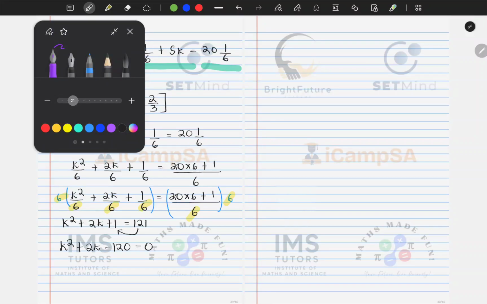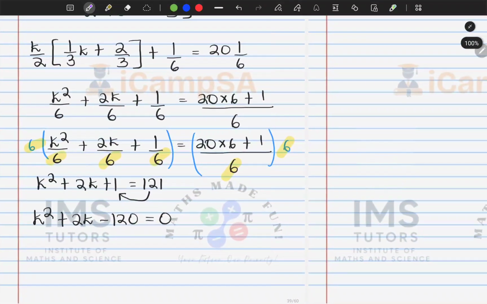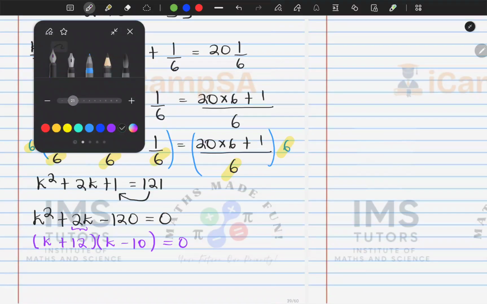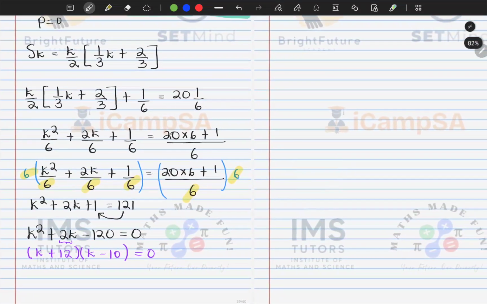Next, what we need to do is to worry about factorizing this portion. So we need two numbers. When you multiply them, you get negative 120, but when you add them, you get positive 2. If you think about it carefully, that should be a 12 and a negative 10. These are the two numbers that multiply to negative 120, and they will add up to positive 2.